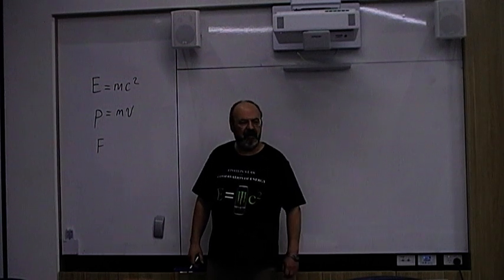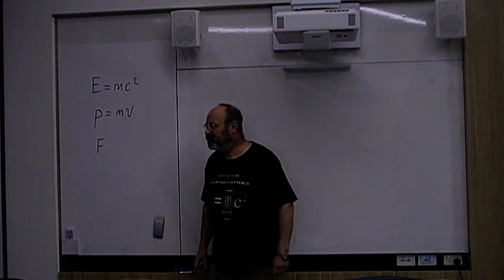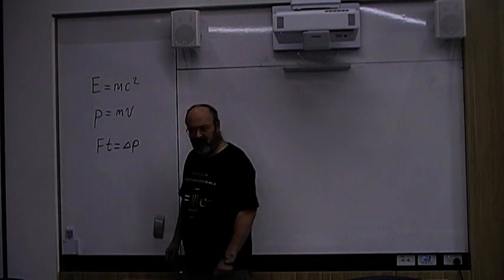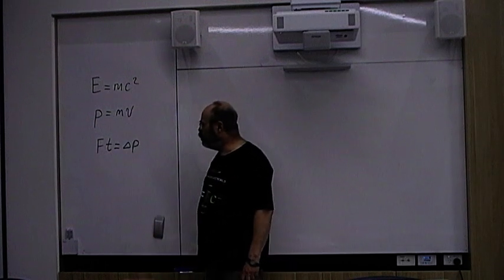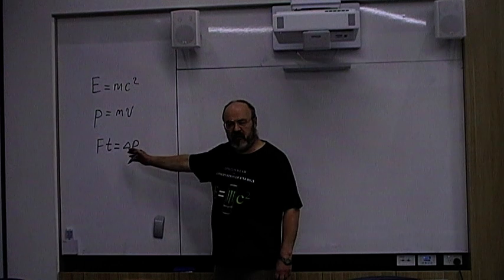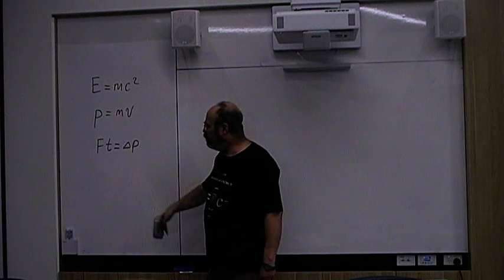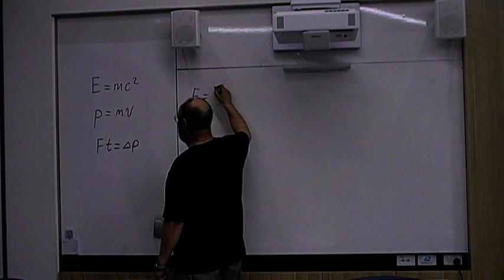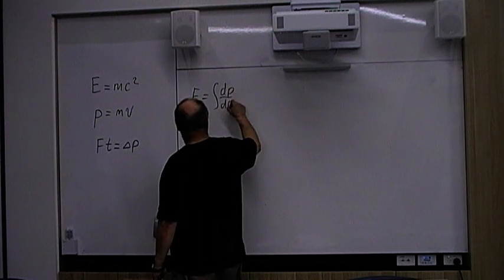Ft equals the change in momentum. Impulse equals change in momentum, but that works if the force is constant. If the force is not constant, then we can write F equals dp over dt.